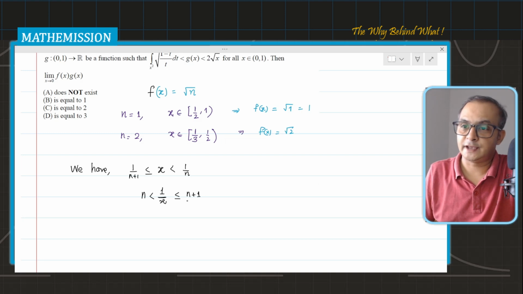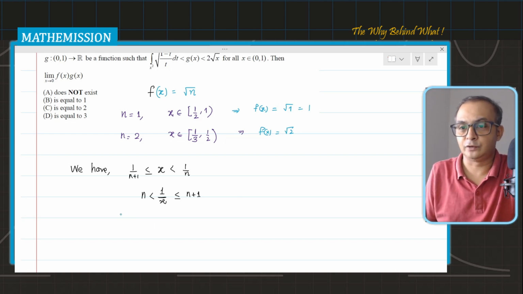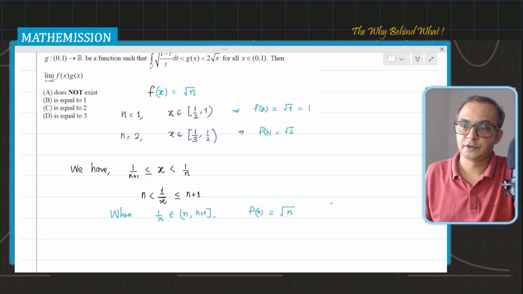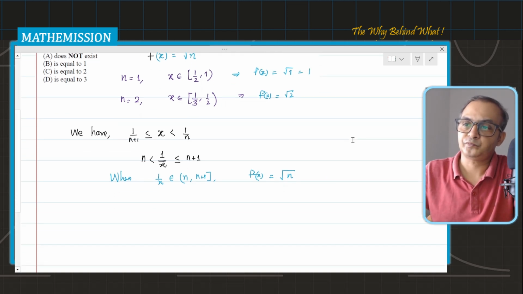And now you are saying that when 1 by x, the function we are reading, when 1 by x belongs to [n, n plus 1), the function fx is defined as root n.